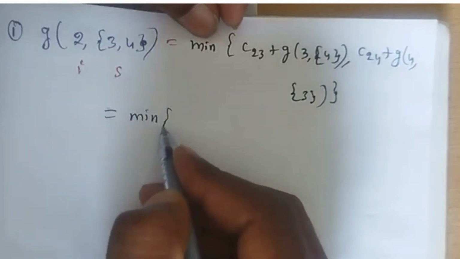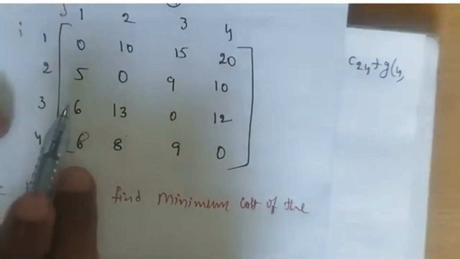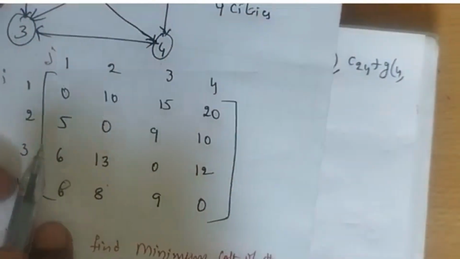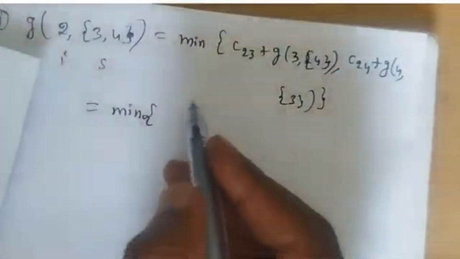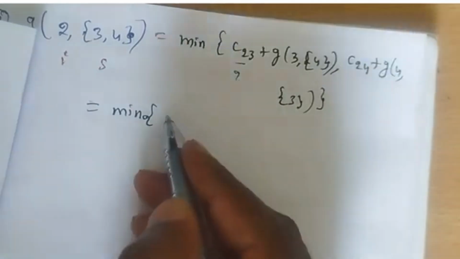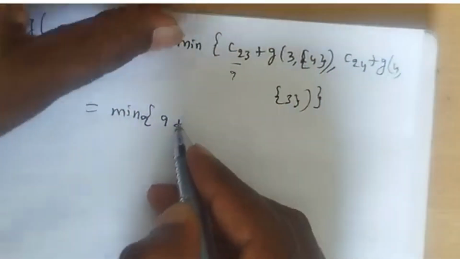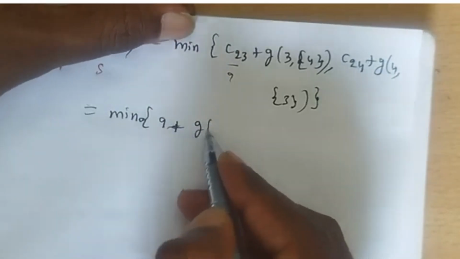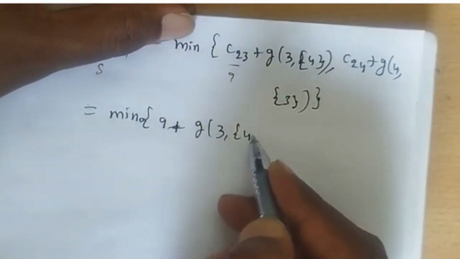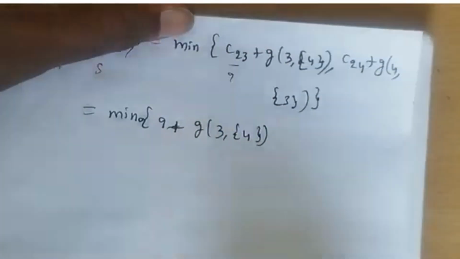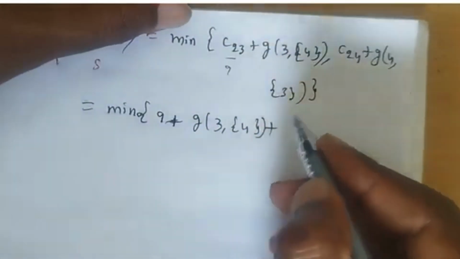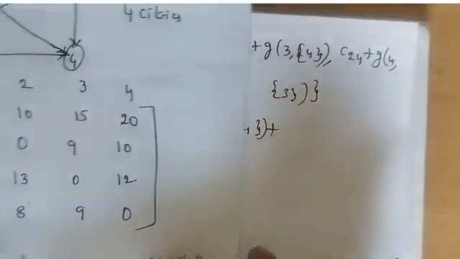Minimum of, what is C23? What is C23 according to the graph? C23, the 2 3 value is 9. So 9 plus G of 3, 4. What is the value? We don't know. Then what about the C24 value? According to this graph, the 24 value is 10.